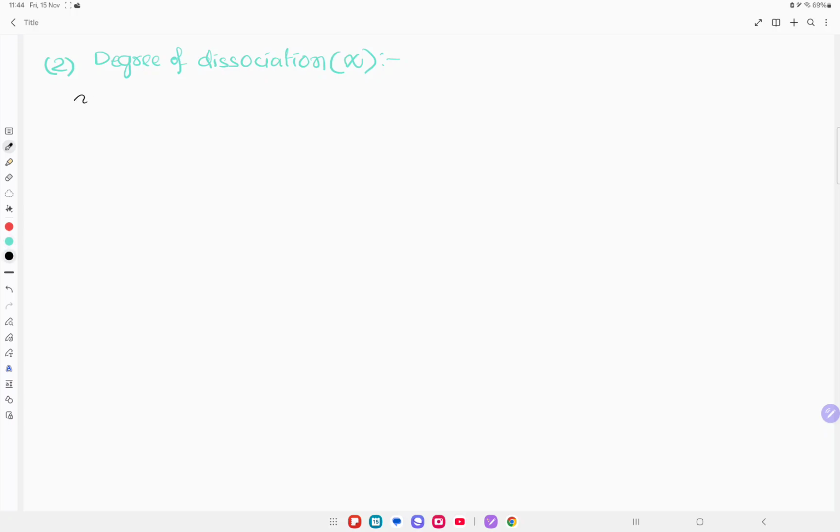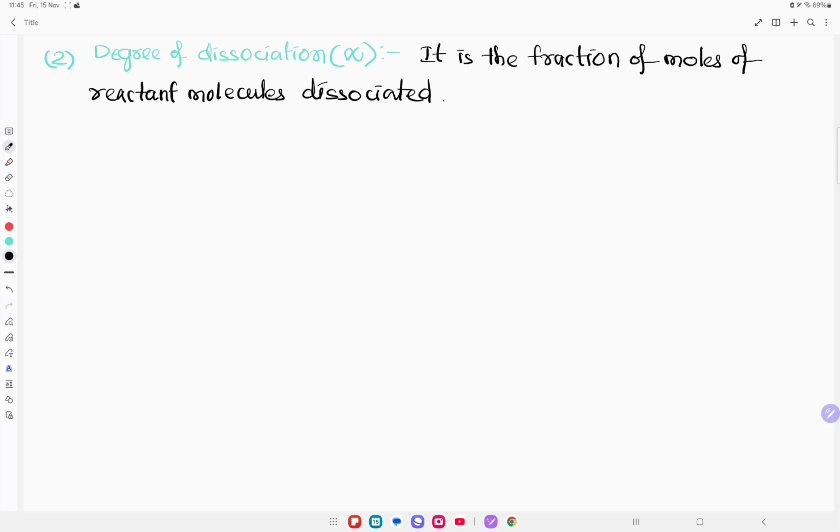Next, second one, degree of dissociation. It is the fraction of moles of reactant molecules dissociated.